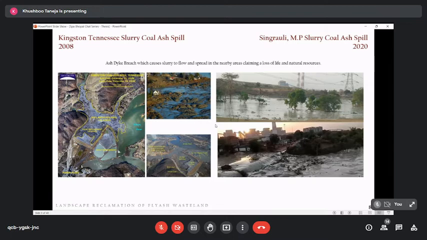These are structures which are made, and I'll show you a section. In this case the dike broke off, so all the slurry in the pond went out and spread across the context. That led to a lot of loss of life and natural resources, and it was not a good thing to see. A similar thing happened in MP in 2020.